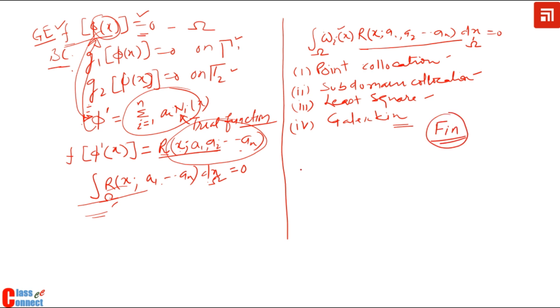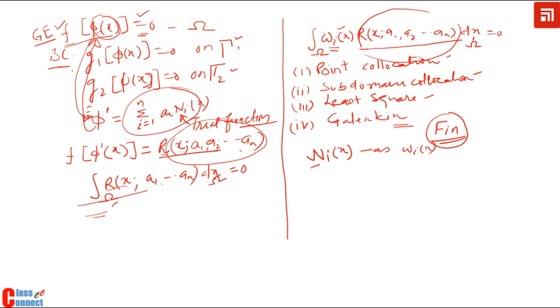In the Galerkin method, we assume that the trial function N_i(x) is used as the weight function w_i(x). So we replace w_i with the trial function that we are assuming for evaluating this residual.